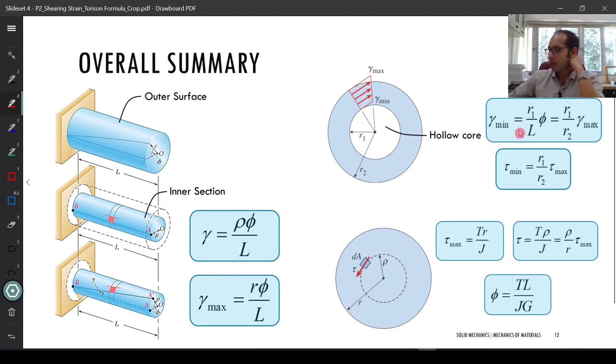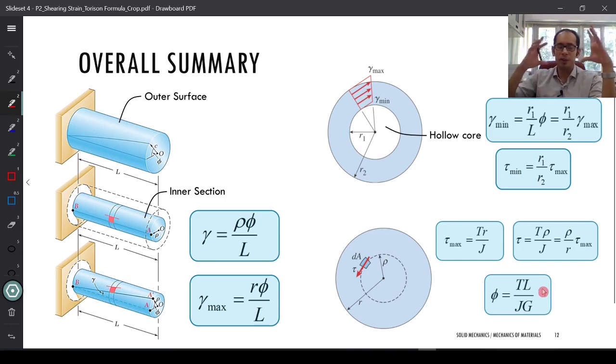We derived this relationship for the hollow shaft or hollow tubes where you have no material over here, how gamma min is related to gamma max and how tau min is related to tau max. And last, we looked at the torsion formula, which gives you a one-to-one correspondence between the angle of twist phi and the applied torque T through the length of the shaft divided by the polar moment of inertia times the shear modulus G.